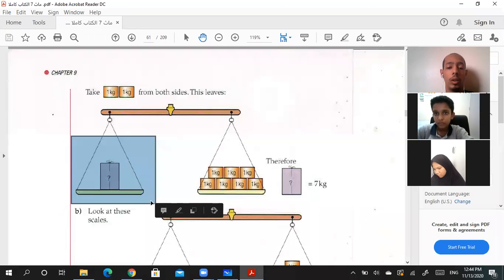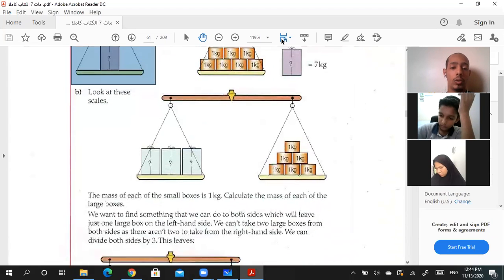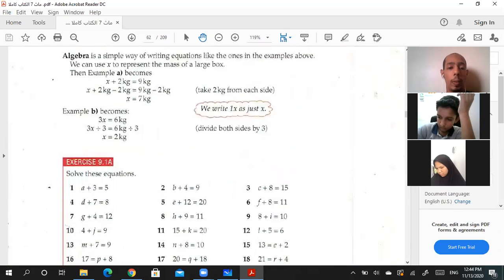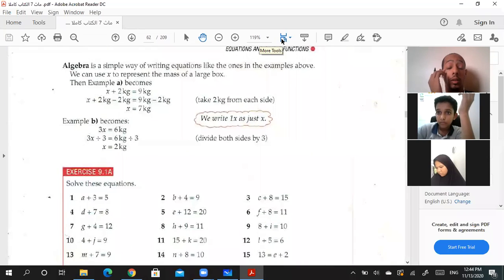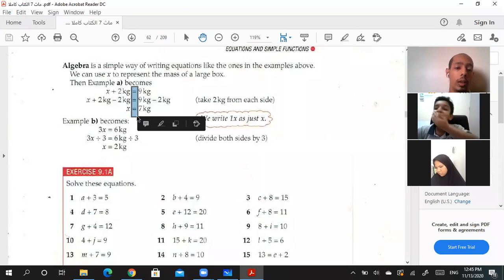When both sides are equal, it's very easy to figure out the unknown side. So an equation is an algebraic representation of two equal terms. We use the equal sign, and we have a right hand side and a left hand side.